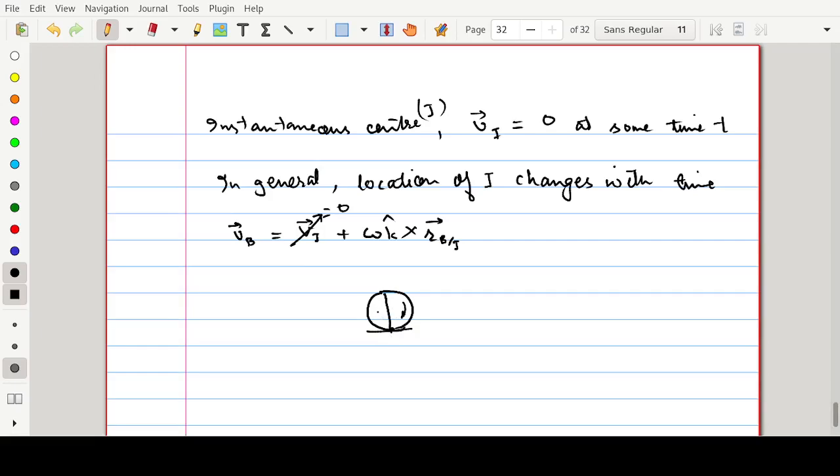So if this is 2r, this is pure rotation about this point, the instantaneous center. At any instant you can write velocity as, this will be 2r omega, sorry, this will be r omega, and this will be 0, VI is equal to 0.